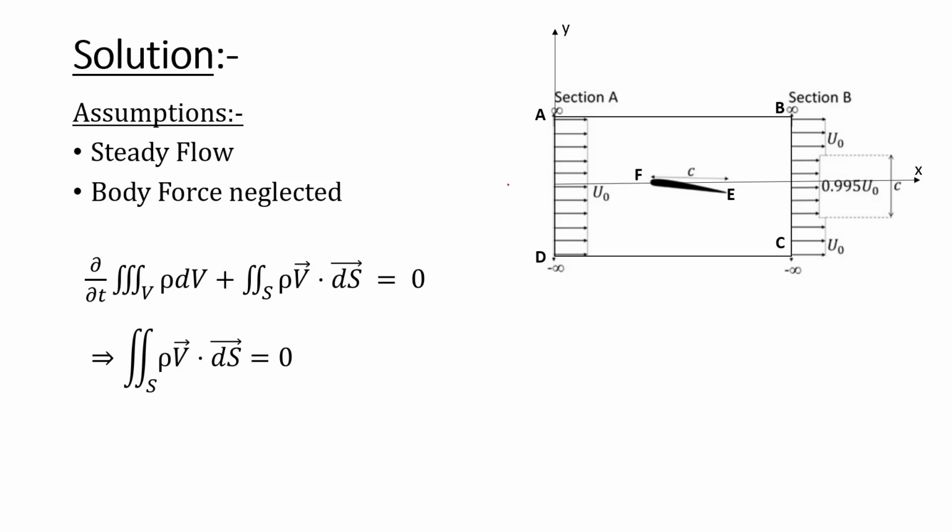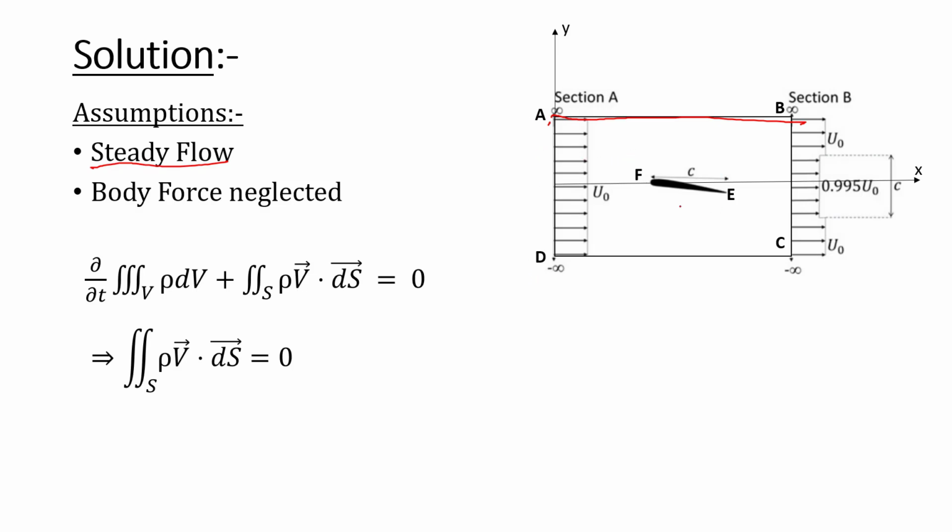Now we will start solving the problem. We will use some assumptions: we take the flow as steady, and we neglect all body forces. We have taken one control volume ABCD around this aerofoil.